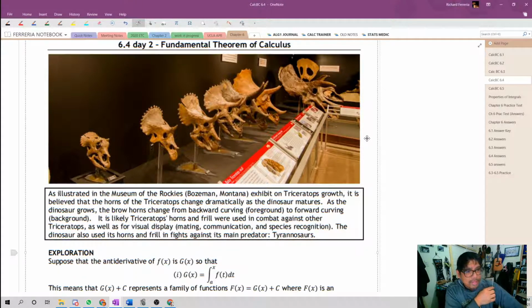It's likely that Triceratops horns and its frill were used in combat against other Triceratops, as well as for visual display, mating, communicating, species recognition. The dinosaur also used its horns and its frill against its main predator, the Tyrannosaurus, which, of course, is like the battle of the millennium now, isn't it?